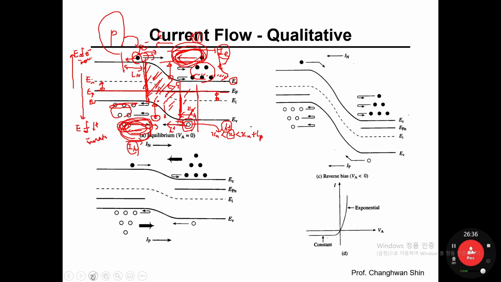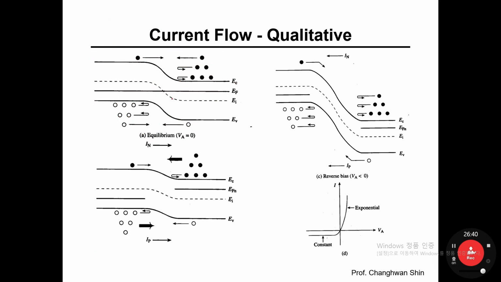So we have understood that current is not flowing at thermal equilibrium. However, microscopically, the electrons and holes are still dynamically moving toward the other part.